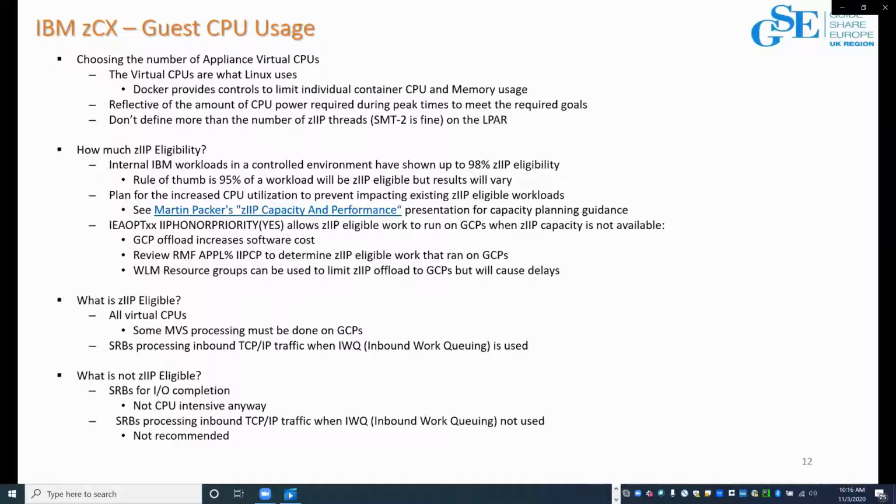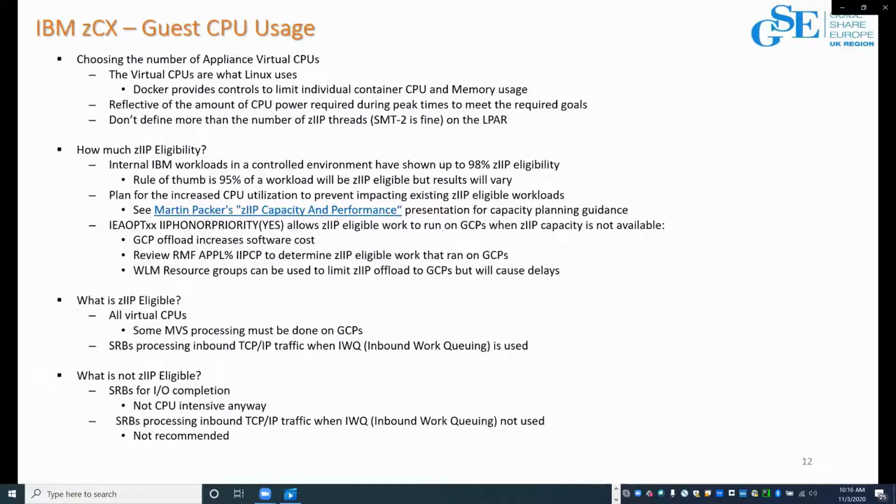But you really have to be careful about zIP consumption, as more and more people are exploiting zIPs, and some of those people are actually critical middleware or applications. For example, DB2: if you turn on zIP enablement for DB2, it turns all of its enablement on, including zIP eligibility for log writes. So the back-end processing of log writes is done under zIP processors.